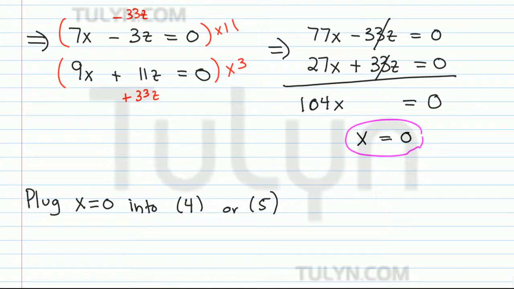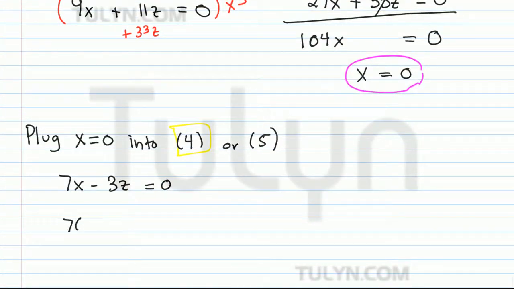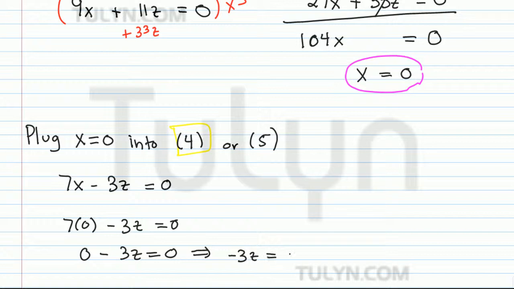Equation 4 says that 7x minus 3z is equal to 0. Since x is equal to 0, that's 7 times 0 minus 3z is equal to 0, which means 0 minus 3z is equal to 0. So negative 3z is equal to 0, and the only way that can be true is if z is also equal to 0.